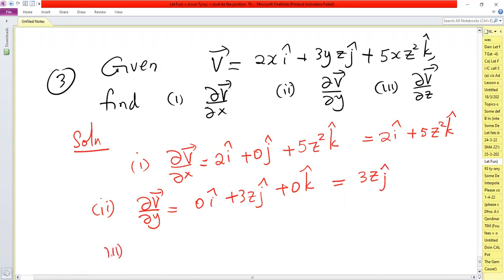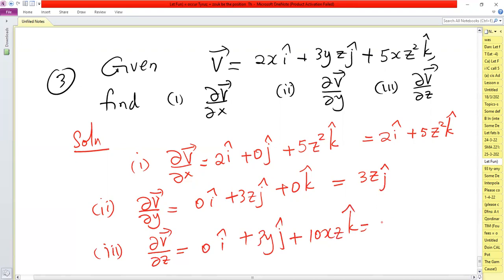Lastly, number 3, partial v partial z. For the i component we get 0, for j there's no z, plus 3y, plus 10xz k.